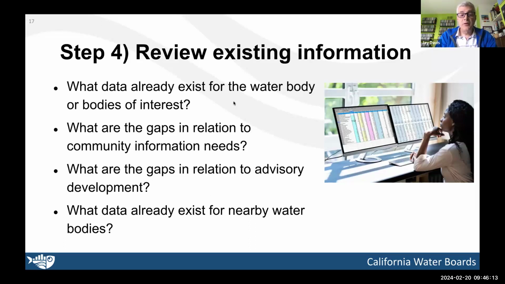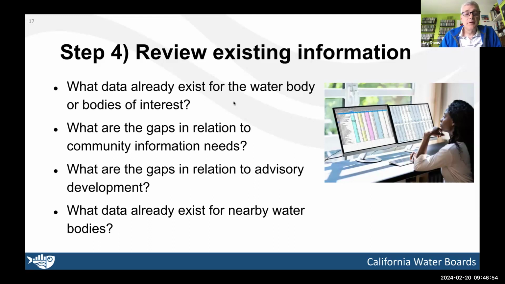So look at the data that exists, and then determine what the gaps are. What additional data are needed? Maybe there are some data, but there are more species that you'd like to look at. Maybe you didn't look at the species that accumulate the most, or the species that might be cleaner. Our presentation today is very fish oriented because that's what we've been focusing on in SWAMP, but maybe you want to look at plants, maybe shellfish, maybe you're concerned about wildlife and you want to look at wildlife.